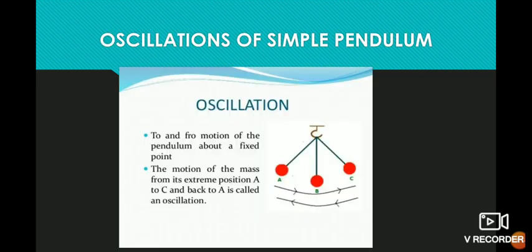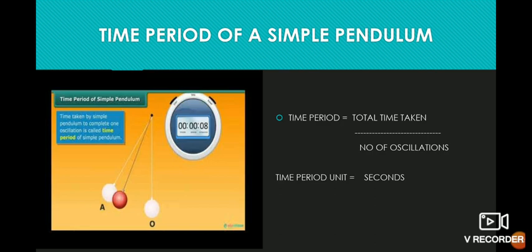Okay, so complete oscillation, the to and fro motion of the pendulum about a fixed point, is called as oscillation. Can you see in the picture the pendulum moving from position A to B to C and back to A is called as one complete oscillation.